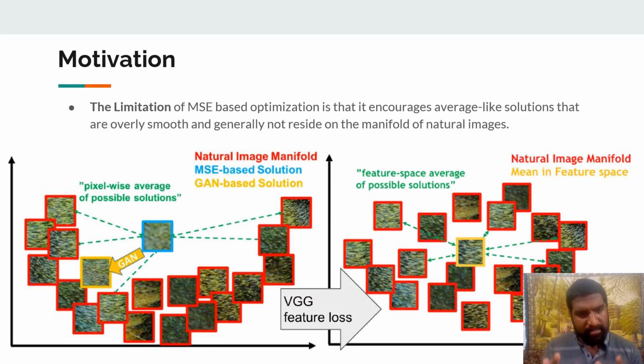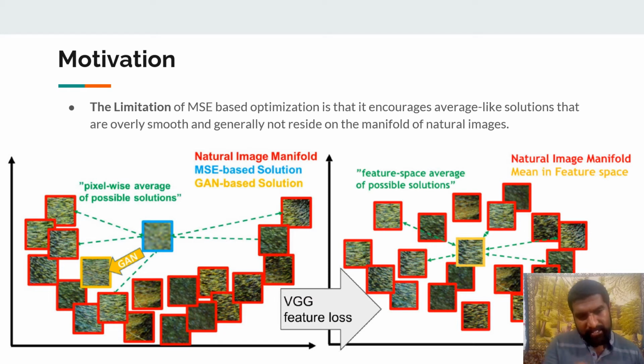It does not represent any of the separate images in total. That's a mean obtained by collecting all those images and taking their pixel-wise mean. So it's overly smooth and generally loses all the features.